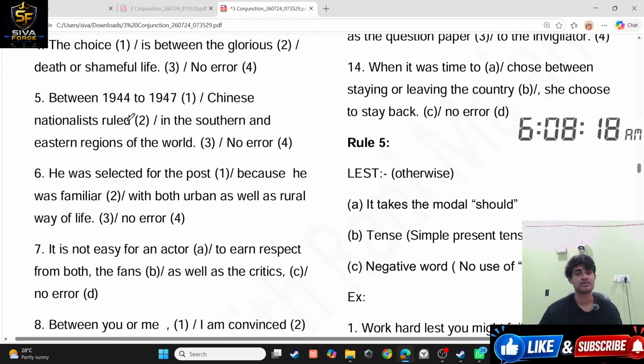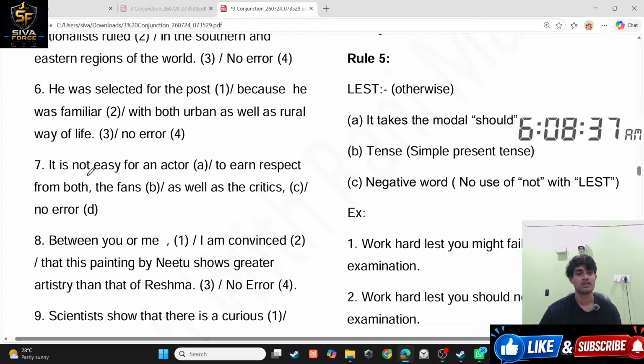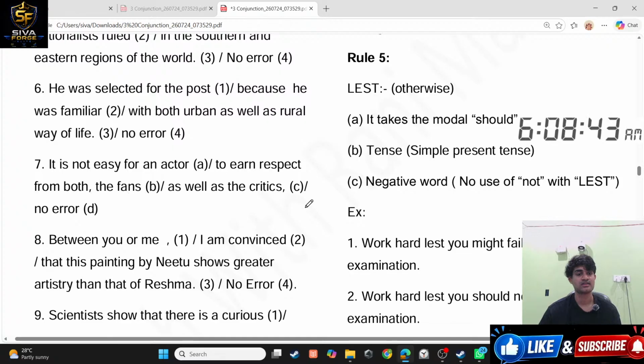Chinese nationalists ruled in the southern and eastern regions of the world. No between two. From and to we can use. He was selected for the post because he was familiar with both urban and rural way of life. It is not easy for an actor to earn respect from both the fans and the critics.